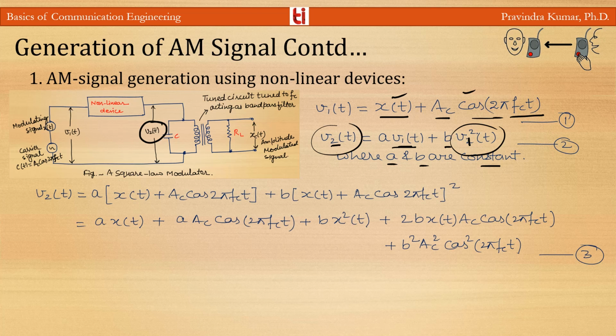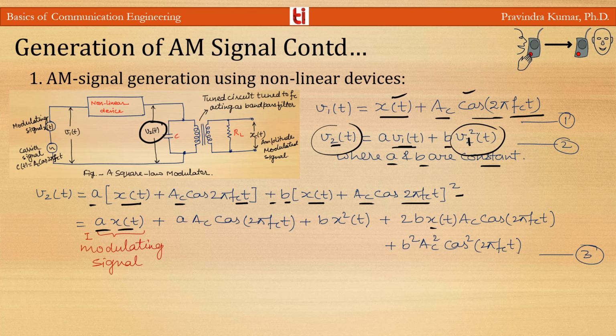We can also write v2(t) = a[x(t) + Ac cos 2 pi fct] + b[x(t) + Ac cos 2 pi fct] whole squared, which gives a x(t) + a Ac cos 2 pi fct + b x squared(t) + 2b x(t) Ac cos 2 pi fct + b Ac squared cos squared 2 pi fct. Here the first term a x(t) is the modulating signal, and the second term is the carrier signal.